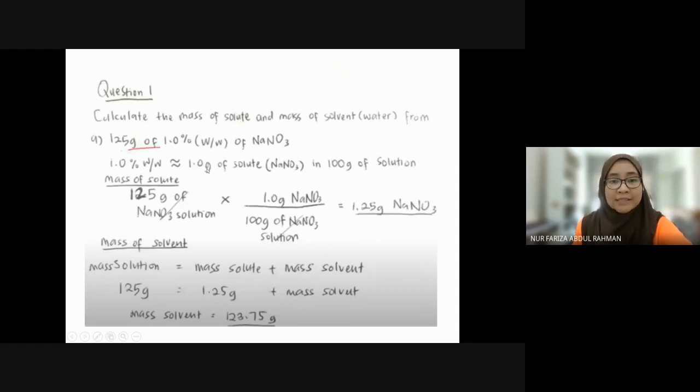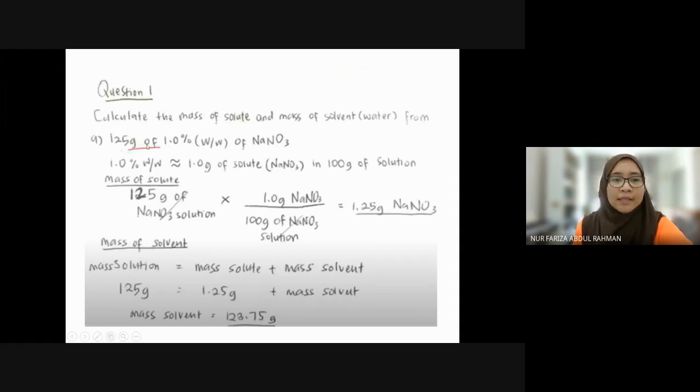That is 1 gram of the solute, in this case sodium nitrate, in 100 gram of solution. In 100 gram of sodium nitrate solution. Please bear in mind that solution is already inclusive of the solute and the solvent. So this is the information given: 1 gram of solute in 100 gram of the solution.